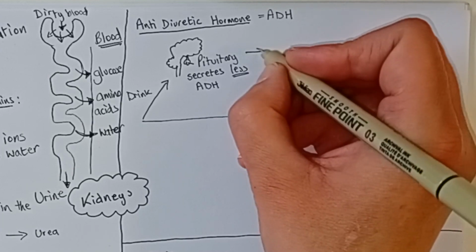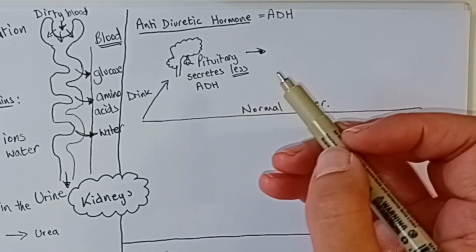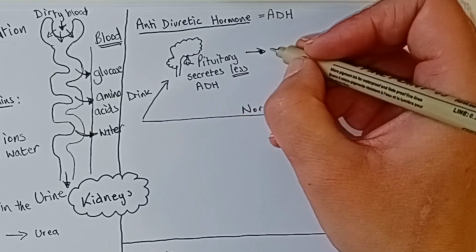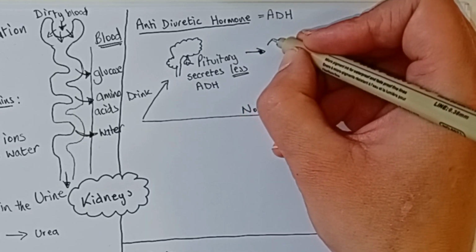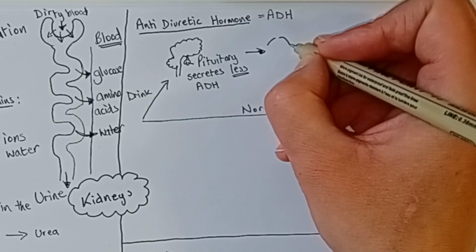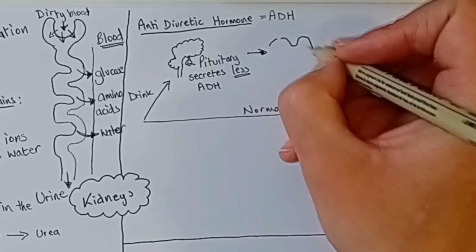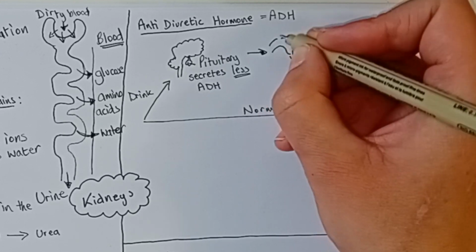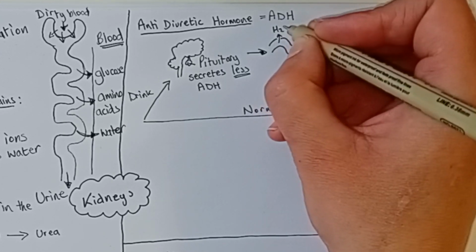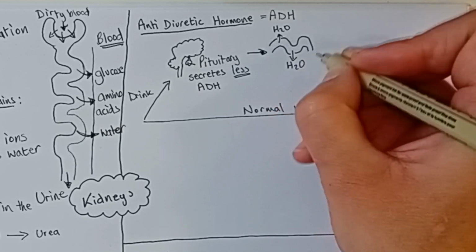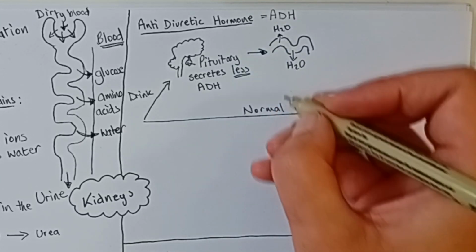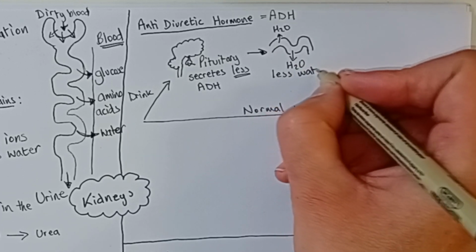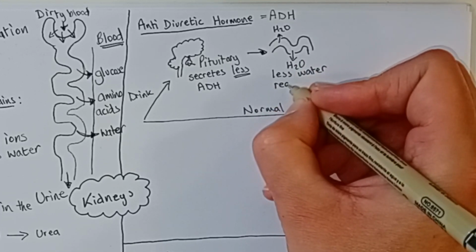Let's have a look at how this works. So remember, we've got our tubule. If we've got less ADH, it means we've got less pores for water in it. So we've got a twisted tubule. I'm going to pretend it's just got 2 pores for water in it. So there's only 2 places water can come out back into the blood. So that means less water is reabsorbed into the blood.